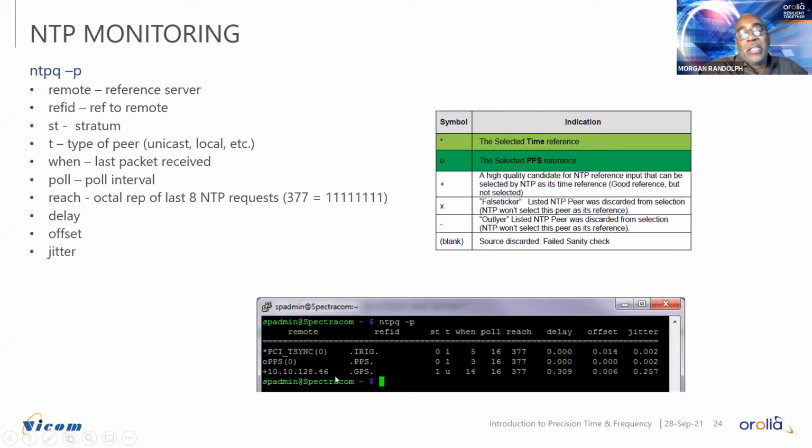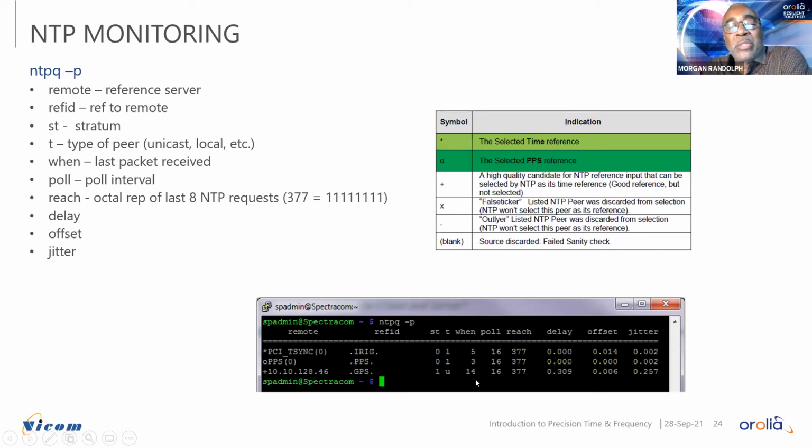So when you look at that, it's saying GPS is the ref ID, the reference. You've got the Stratum level is Stratum 1. You've got the type of peer, unicast local. This is unicast.